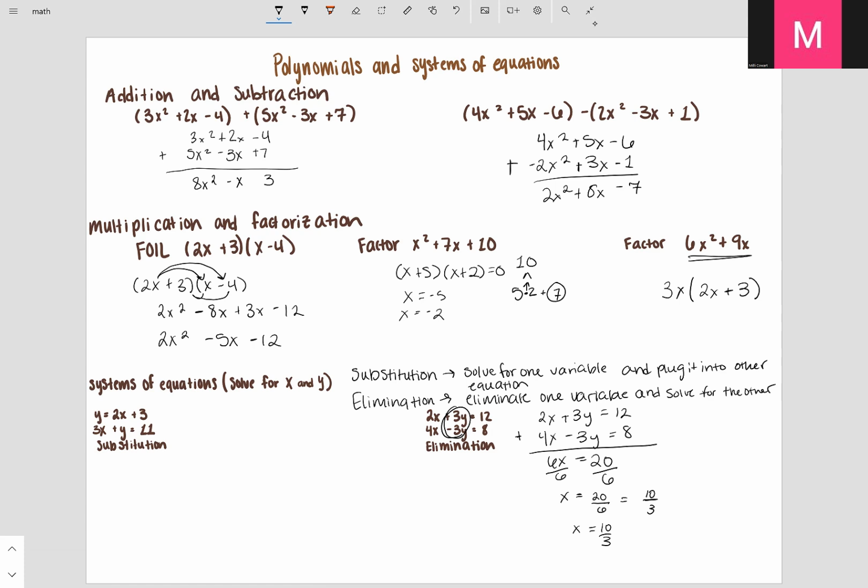And then we'll put that back into one of the equations to find y. So we have 2 times 10 thirds plus 3y equals 12. So then we have 3y equals 3 times 12 is 36, minus 20.